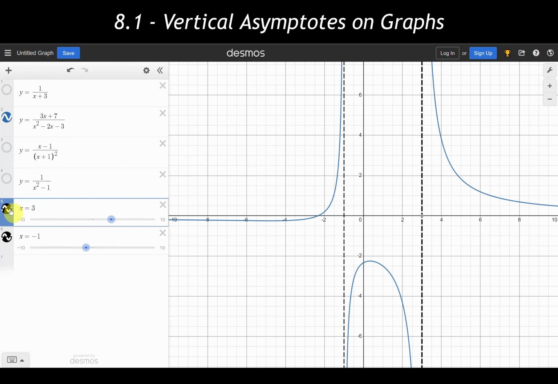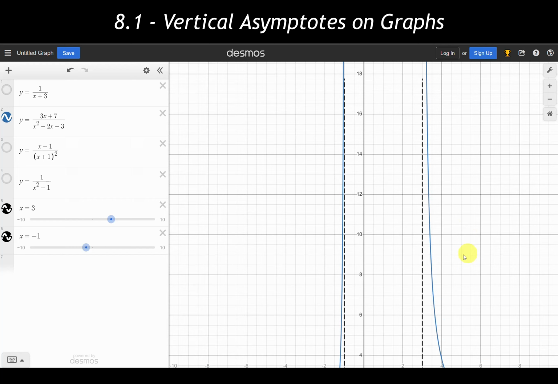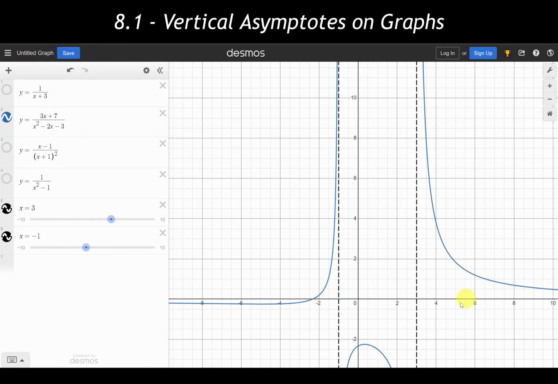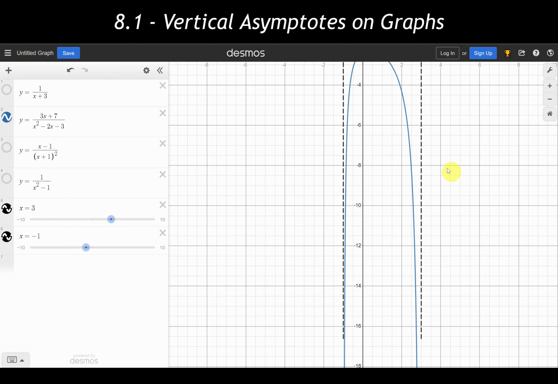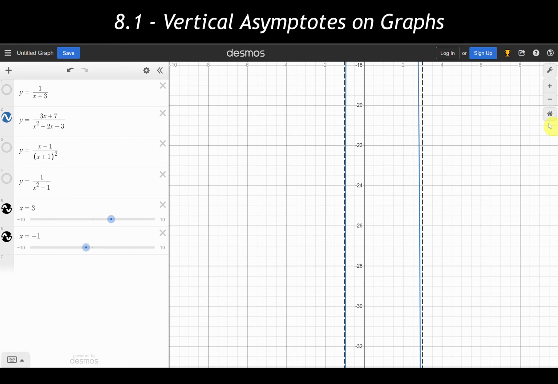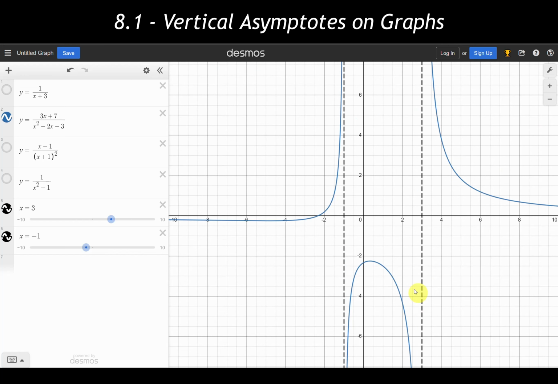Let's bring that one up. There we go. And we're seeing that in both instances, the graphs are getting closer and closer to those asymptotes, but never actually crossing them. So no matter which direction we're coming from, we never actually cross or get equal to those x values. So that's what these asymptotes represent on the graphical level for these first 2 examples.